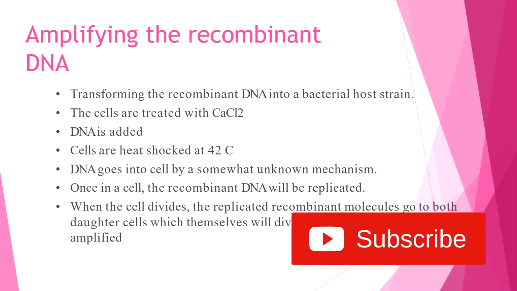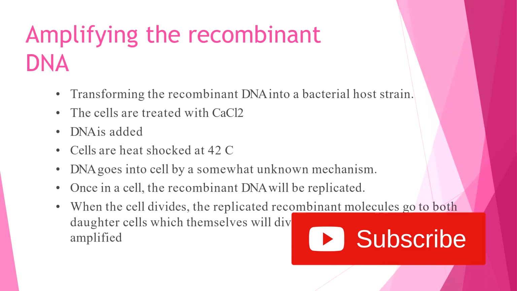The next step is amplifying the recombinant DNA. What do you mean by amplifying? It means we are enhancing the recombinant DNA numbers. For that, we are transforming the plasmid chimera into a bacterial host strain. Why are we using this bacterial host strain?